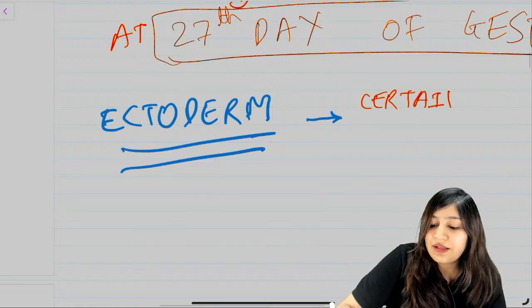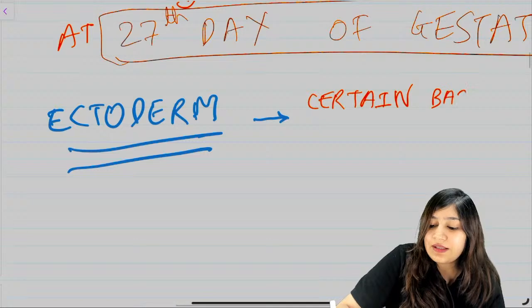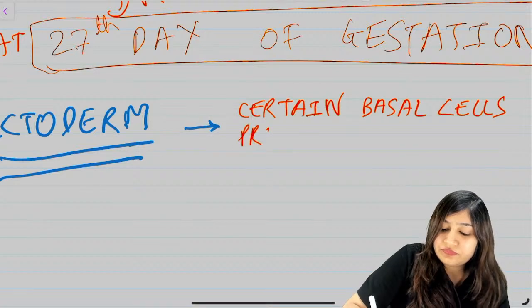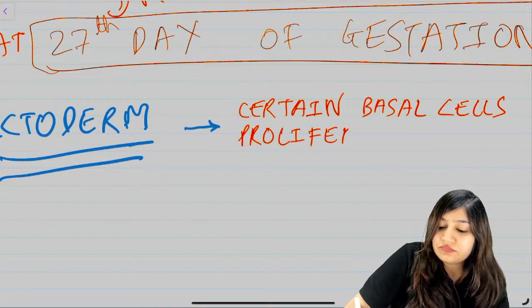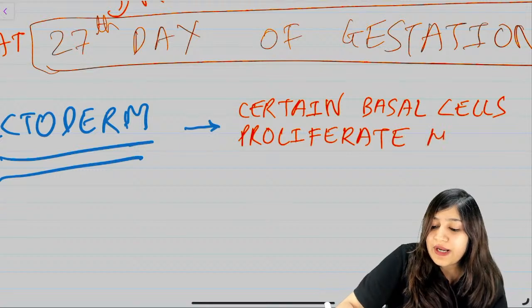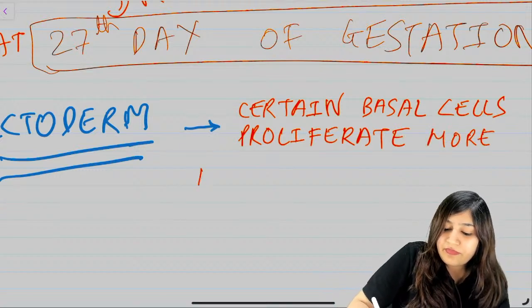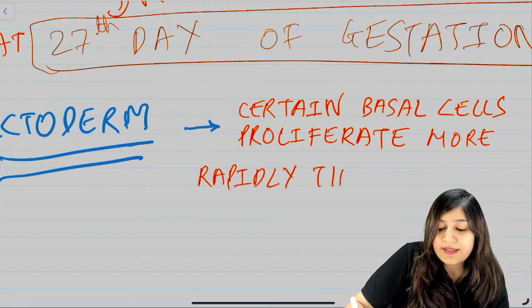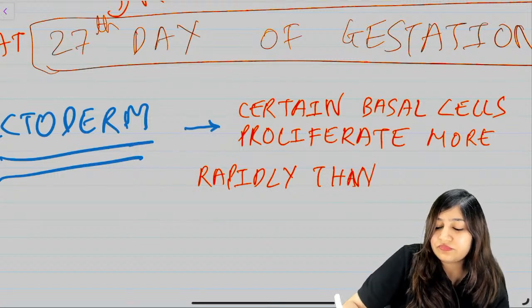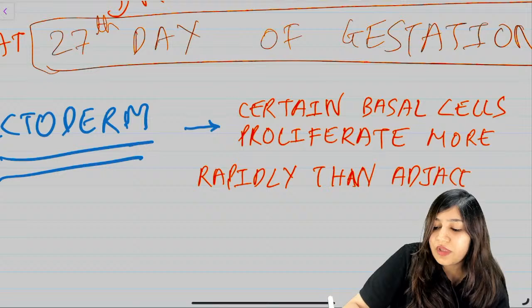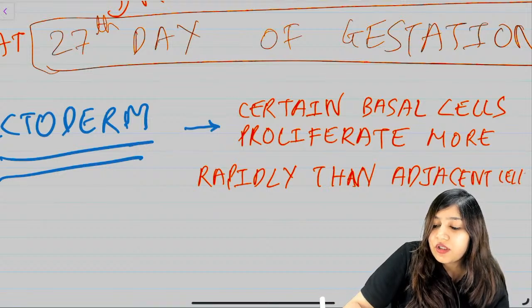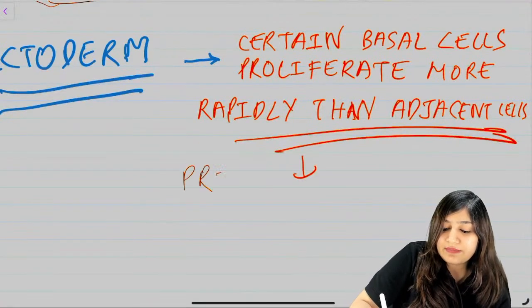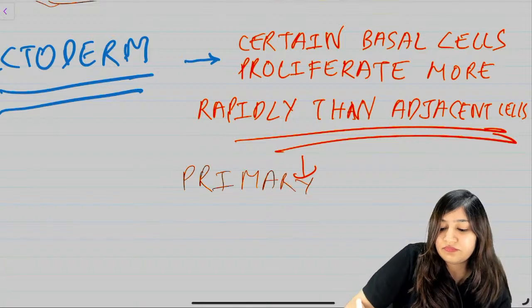Certain basal cells proliferate more rapidly than adjacent cells, leading to the formation of primary epithelial band.